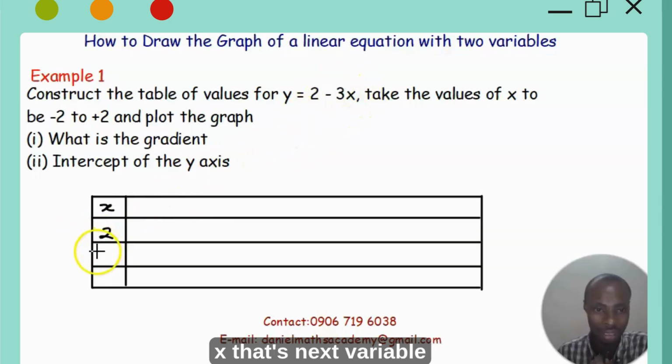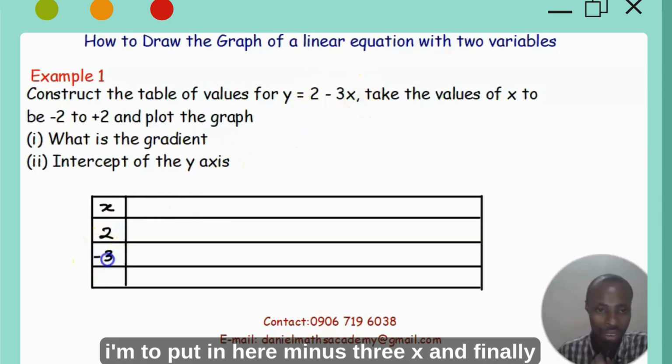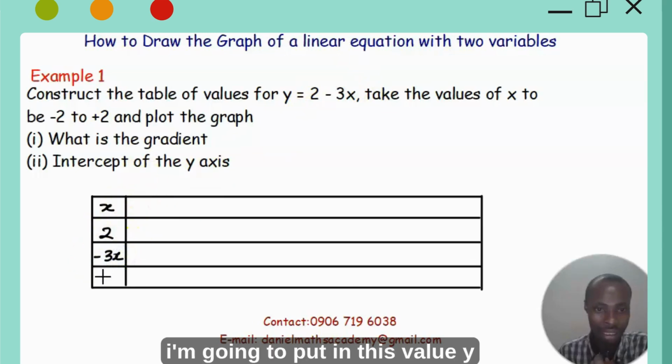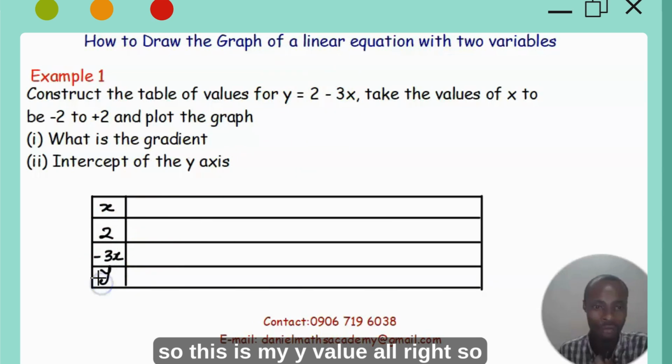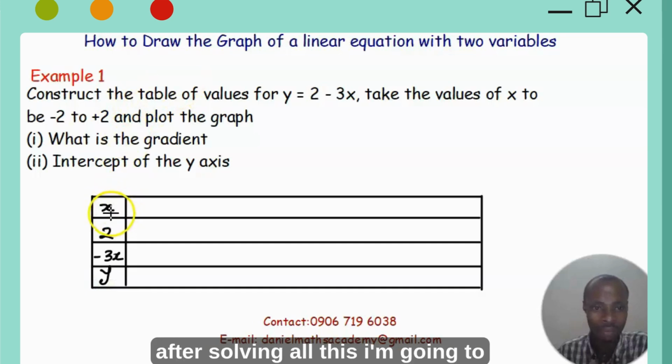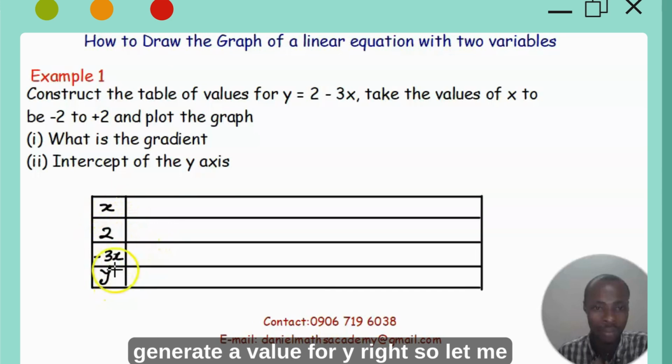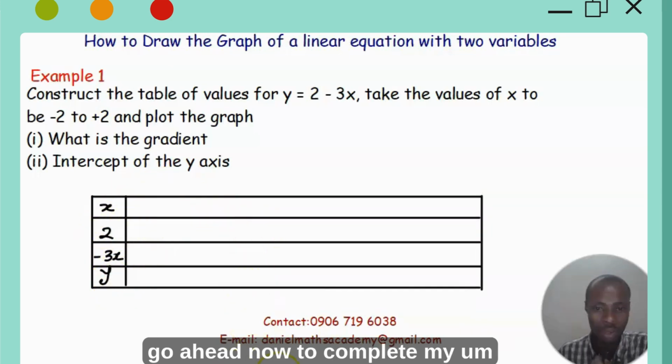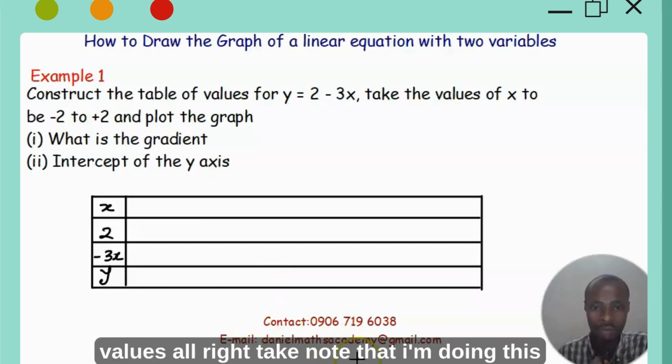So that's the next value I'm going to put in here, minus 3x. And finally, I'm going to put in this value y. So this is my y value. For every value of x, after solving all of this, I'm going to generate a value for y. So let me go ahead now to complete my values.